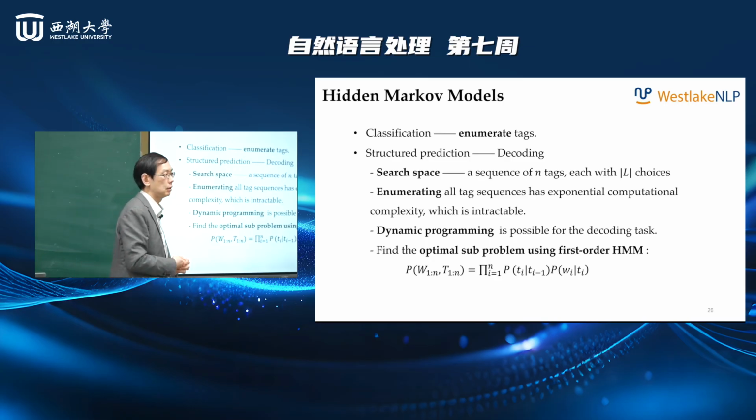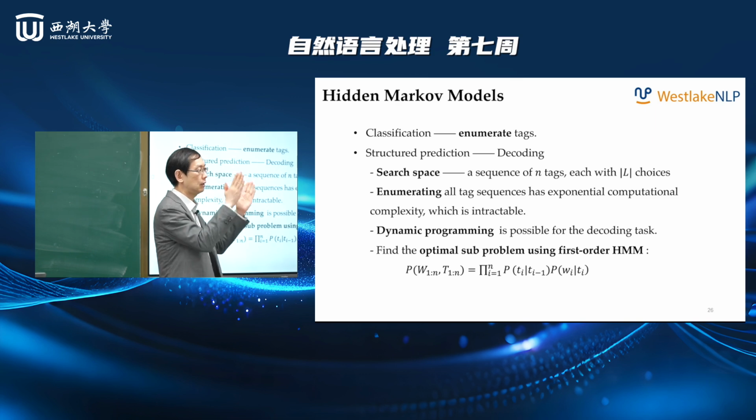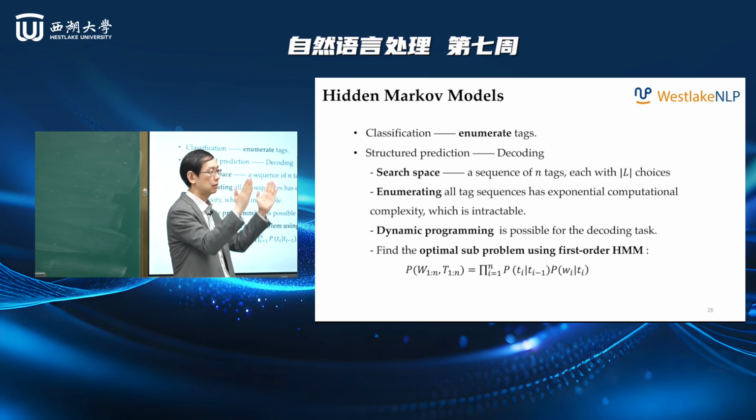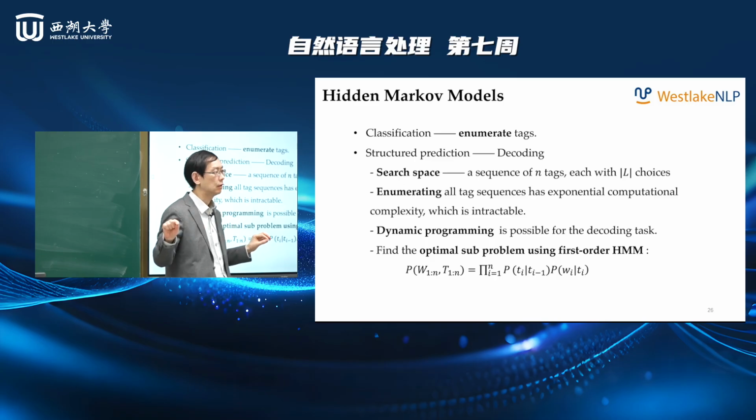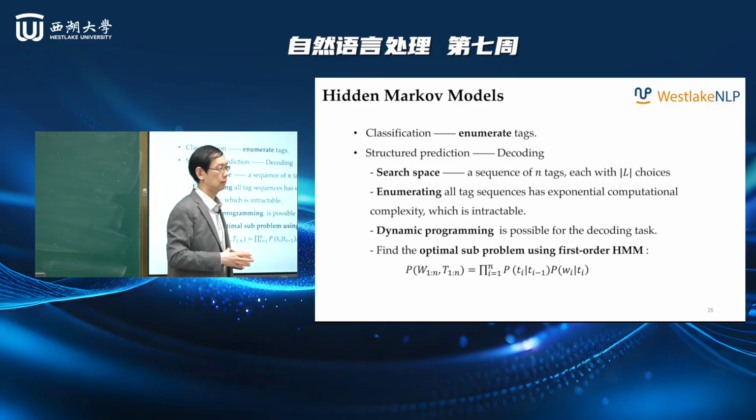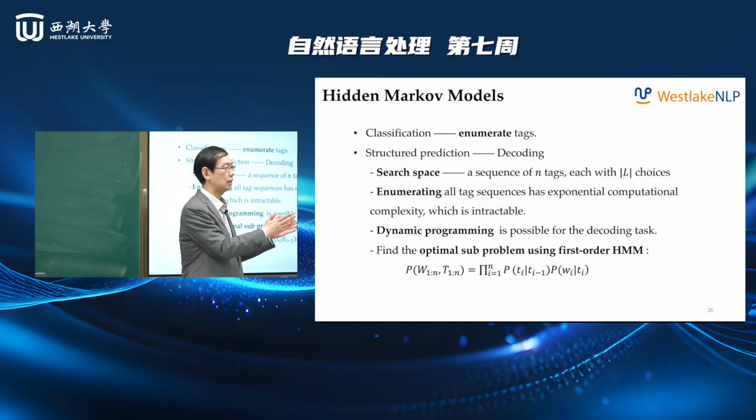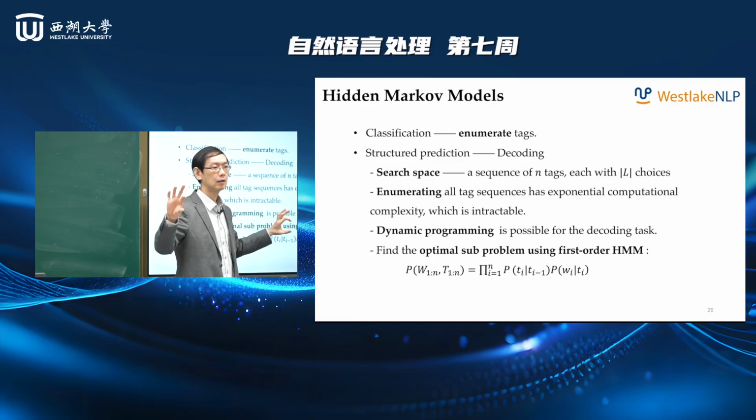Now let's imagine there are L tags, and there are n words in the sequence. My first question is, how many tag sequences do you enumerate? First location, L tags. Second location, L possible tags. In the end, how many? L to the power of n.